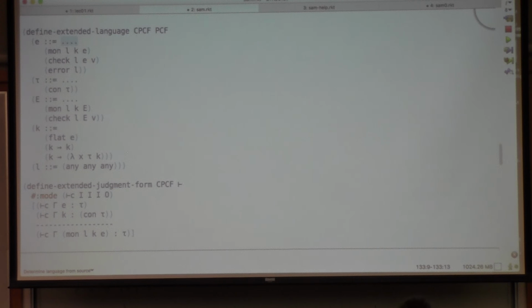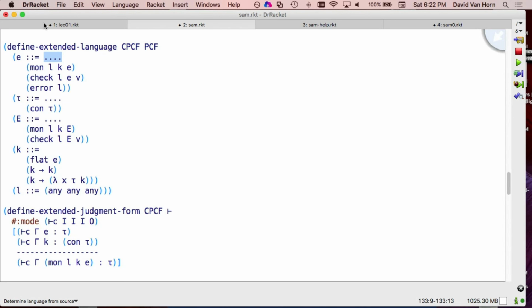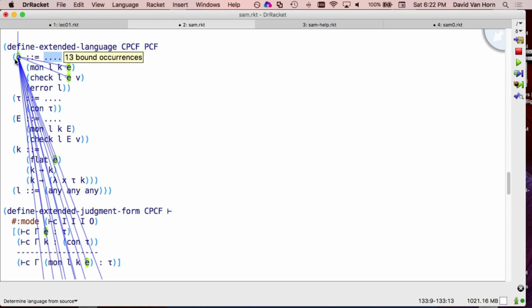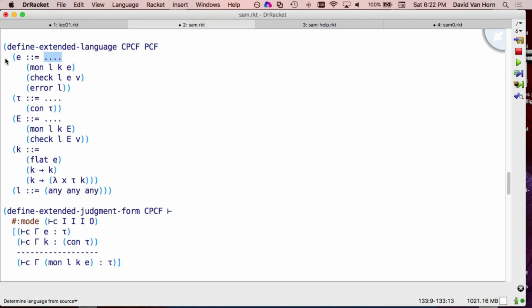We might add a few features. So here I'm adding some features. What I'm saying is that the meta variable E, if it's interpreted in the CPCF language, means all of the things that I had in PCF plus these things, okay?